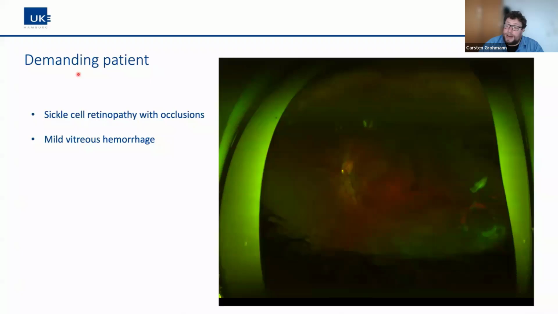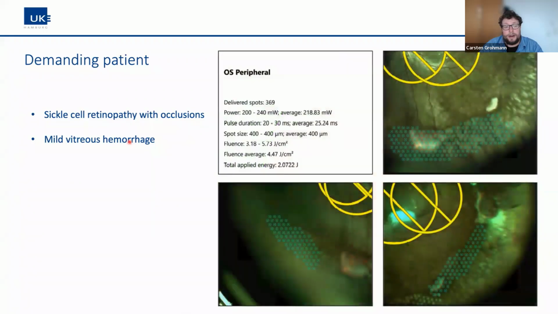This is another more demanding patient. We have a young man with a sickle cell retinopathy, also with ischemic occlusions in the retina, and a mild vitreous hemorrhage. You can see over here, and you can see degenerations over there, and also very good placement of the laser spots over here, and also in the areas with the high degenerations and the vascular occlusions over here.